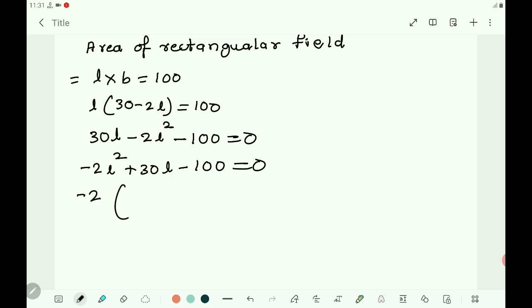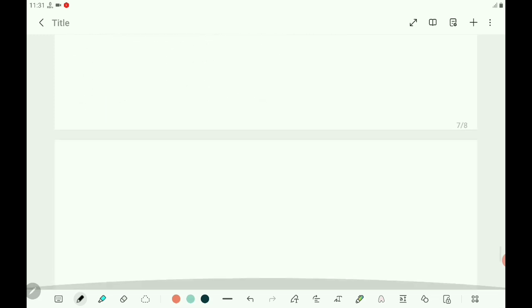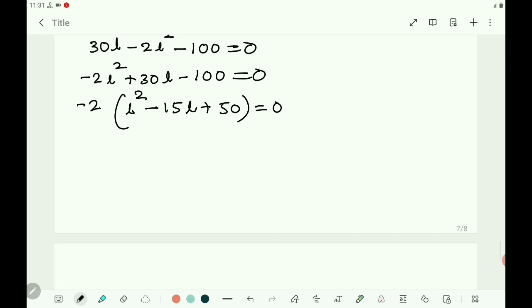Minus 2 into L square minus 15L plus 50 equals 0. Then the equation becomes L square minus 15L plus 50 equals 0. This is the quadratic equation.